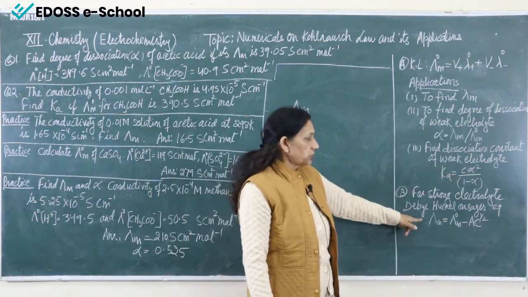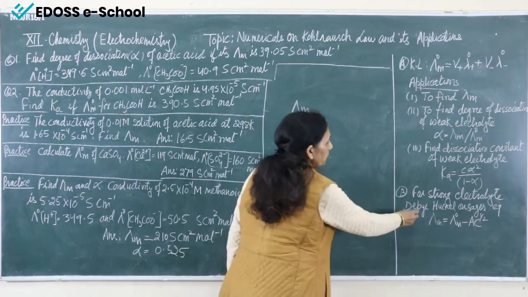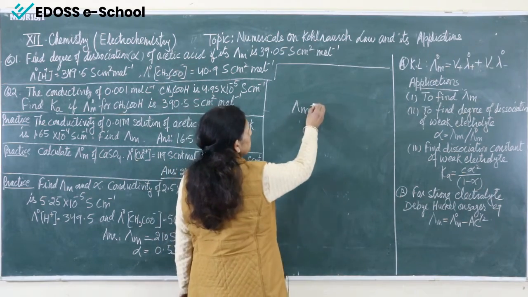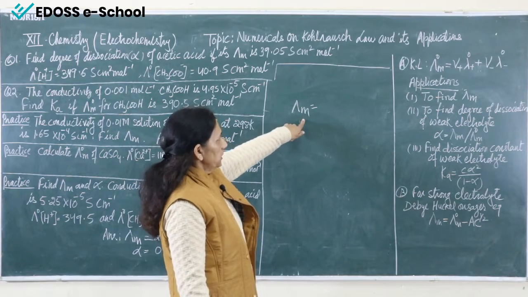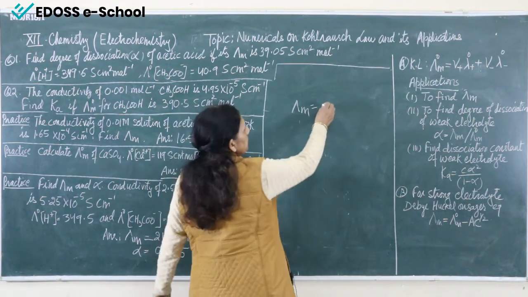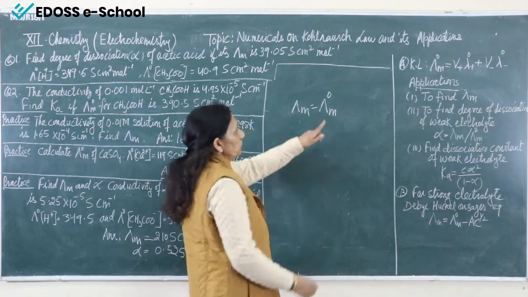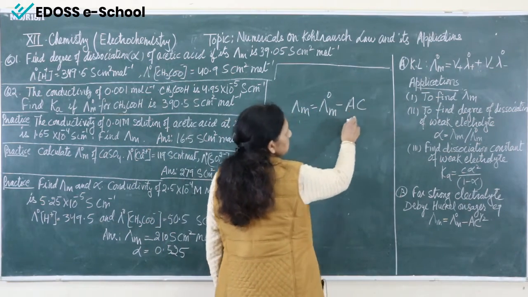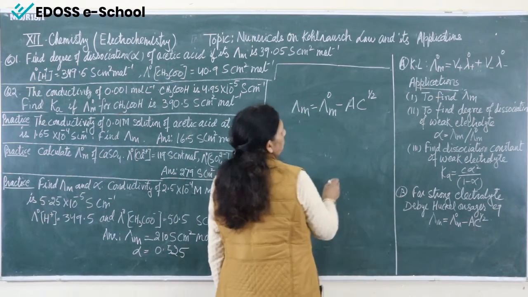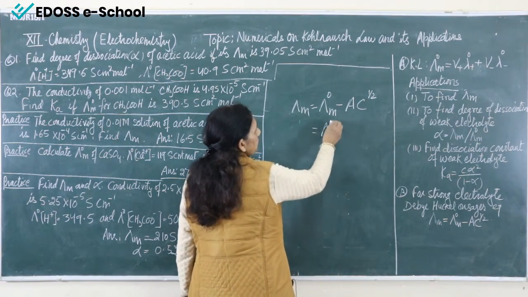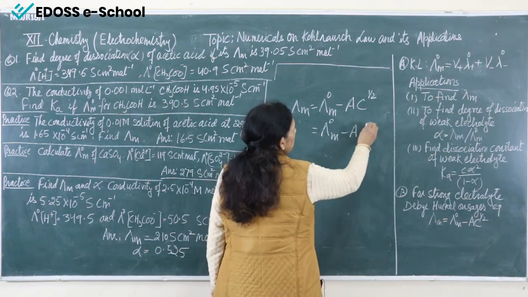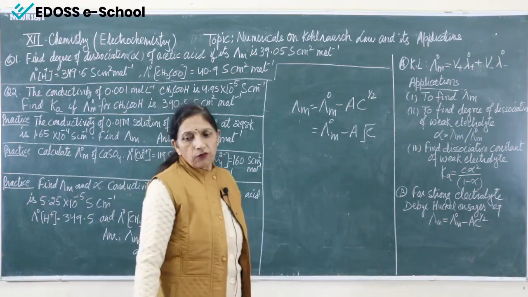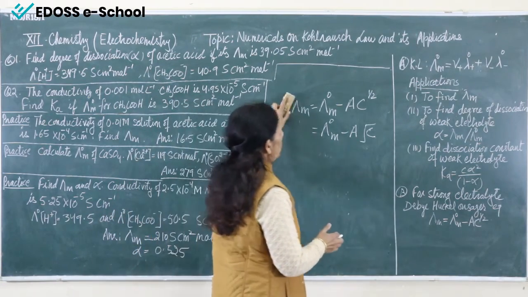We have to use this equation, given by the Debye-Huckel-Onsager equation, which says that molar conductivity of a strong electrolyte is equal to limiting molar conductivity minus A, a constant, times C, the concentration, to the power half, or A under root C. So these are the formulas that we will use in this topic.